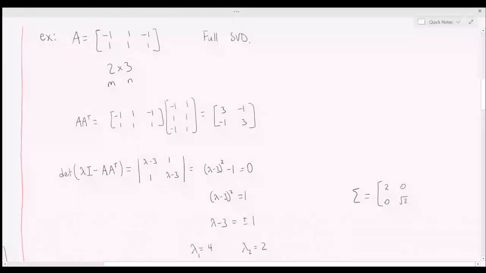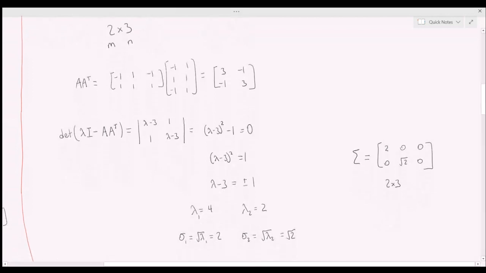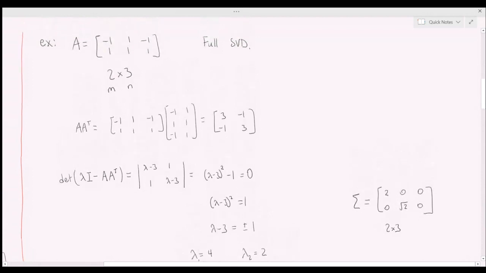And then I need this matrix to be size 2 by 3 so that it'll be the same size as A. So I'm just going to add a column of zeros to make it 2 by 3, okay? So in general, to get the sigma for the full SVD, after writing the singular values on the diagonal, you'll just add zeros as needed until sigma is the same size as A, okay?